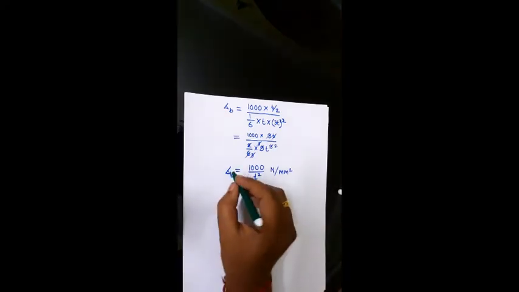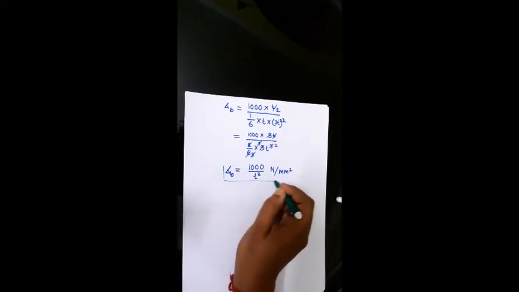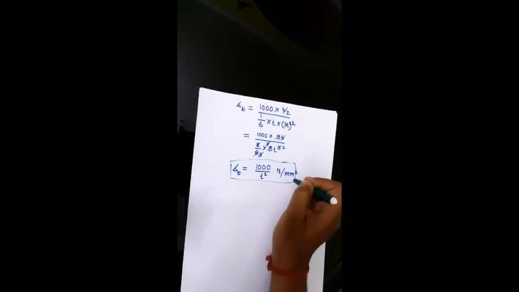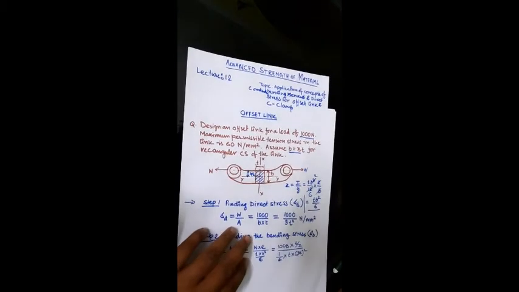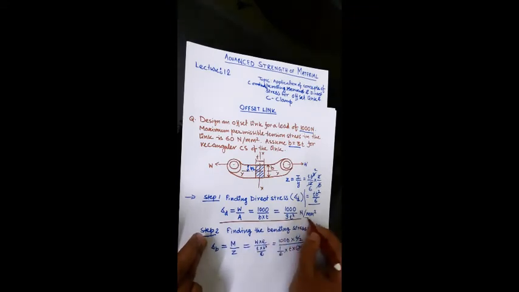So from these two, here we got two values. This is our second value, and the first value is what we have got here.